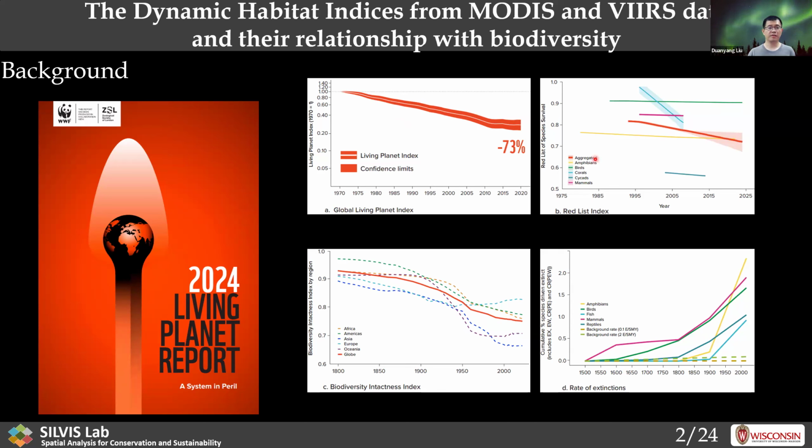For example, in this figure, you can see that the coral species are experiencing rapid decline in survival. And also in this figure, the blue line, you can see the species in Asia are also facing large risk of extinction.